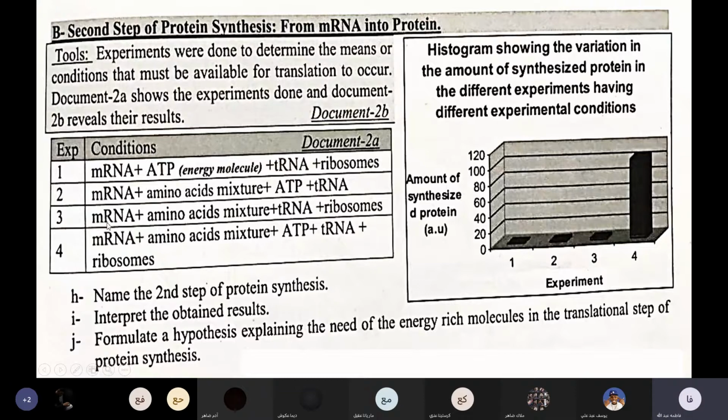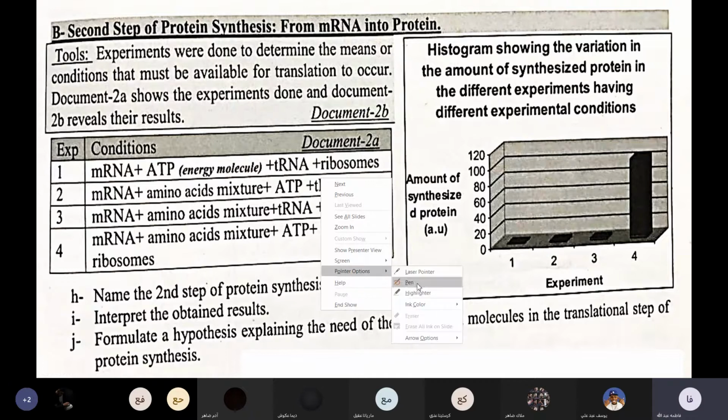In 3, messenger RNA, amino acid mixture, transfer RNA, ribosomes, I have also 0 synthesized proteins. Finally, in 4, messenger RNA plus amino acid mixture plus ATP plus transfer RNA plus ribosomes, I have 100 AU of the amount of protein synthesized.